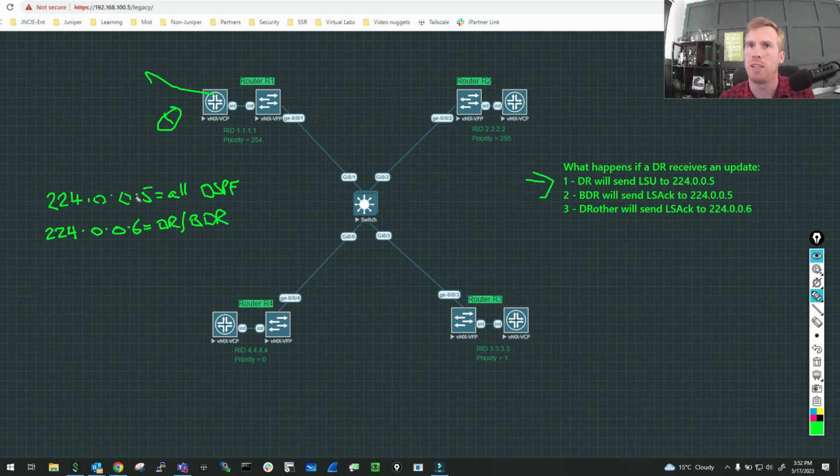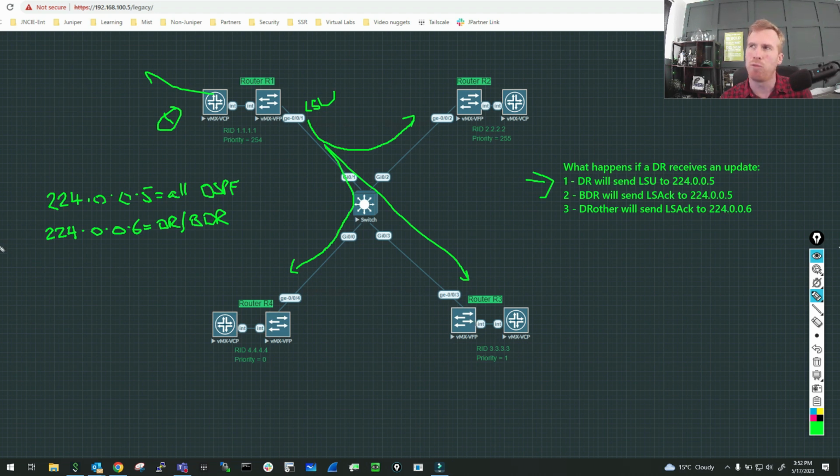First, to the 224.0.0.5 address, it is going to send a link state update, and that link state update is going to go across to the backup designated router, but it's also going to go down to the DR others or druthers. So all routers in the OSPF routing domain receive that link state update.